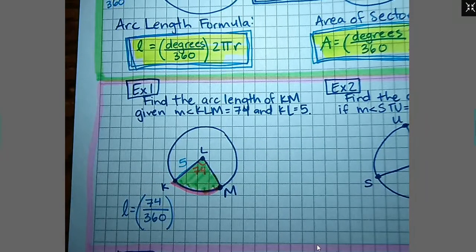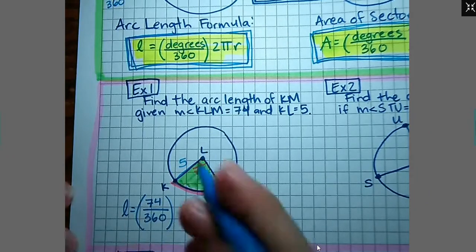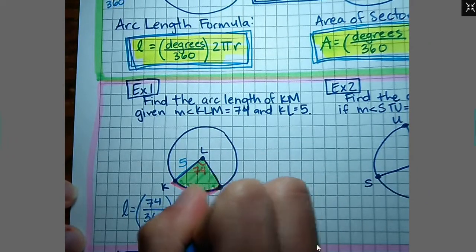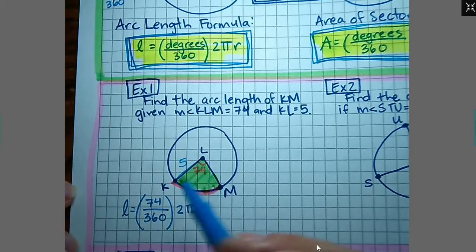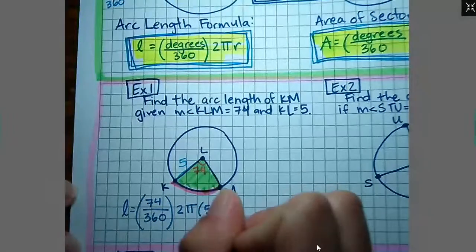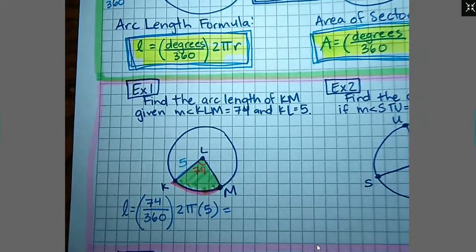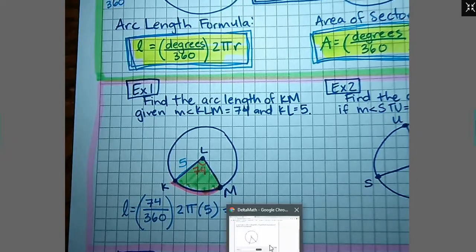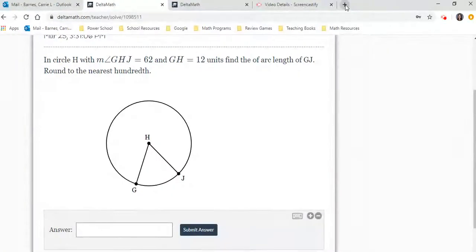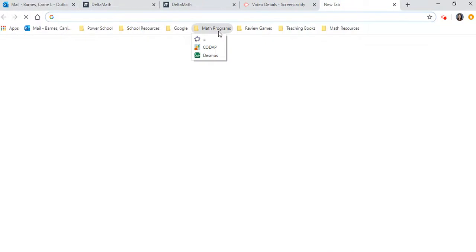And then I'm just going to multiply this by the circumference formula, so times 2 pi, and then times r, which we just found is 5. Then to calculate this, I'm just going to put it straight into Desmos, since Desmos is a calculator. I'm just going to type in 74 divided by 360 times 2 times pi, and then times 5.